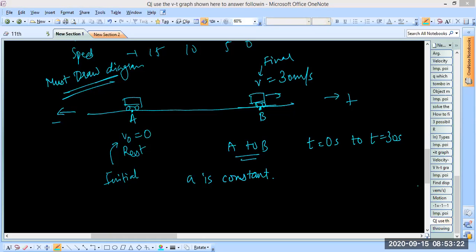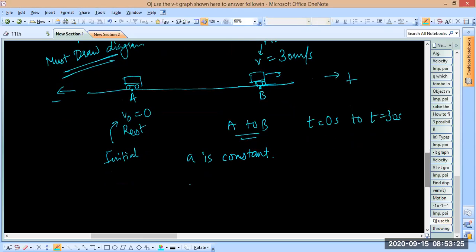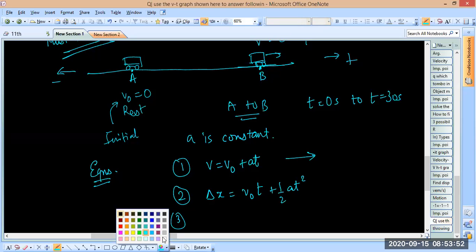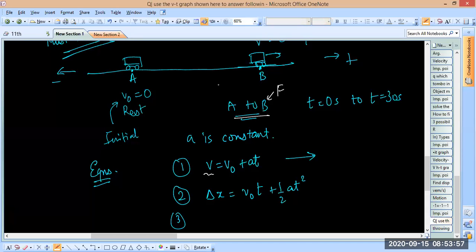The method is that we have derived two equations: v equal to v0 plus at, and delta x equal to v0t plus half a t squared. The third one is remaining, but we don't need that in this question. So by using the first equation, we can find it very easily. So let's start. V, final velocity, for A to B. This is final and this is initial.